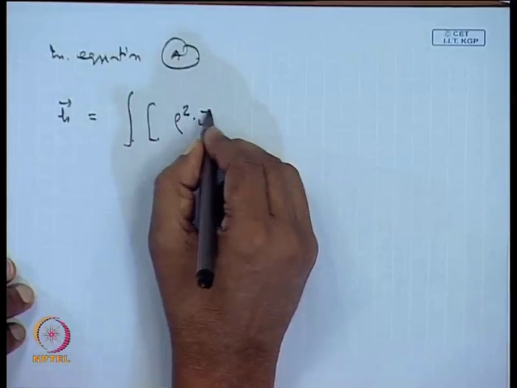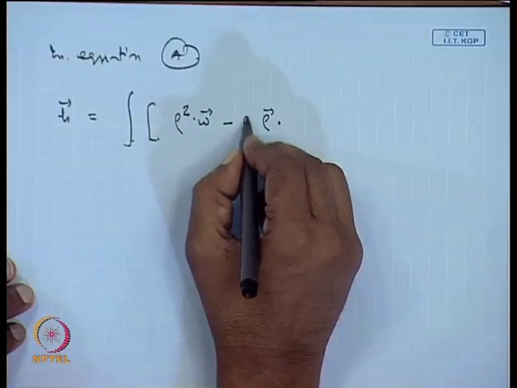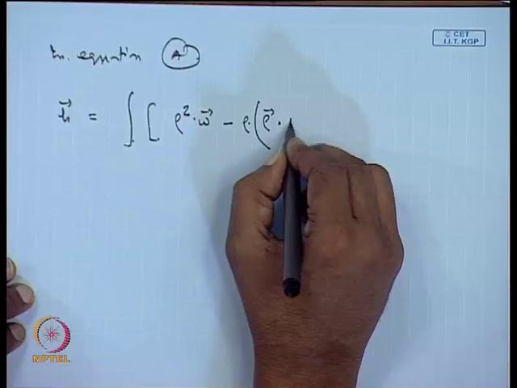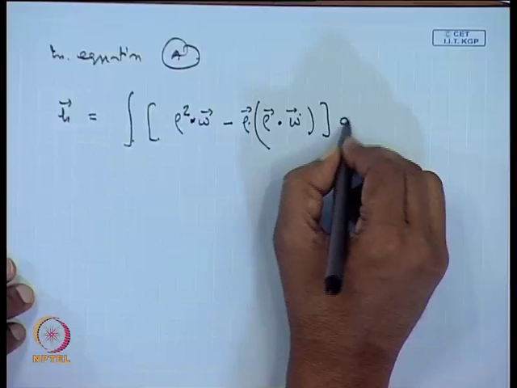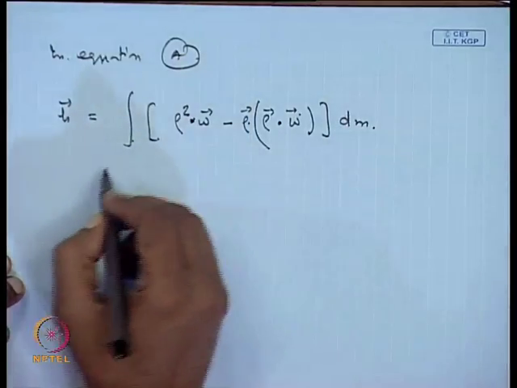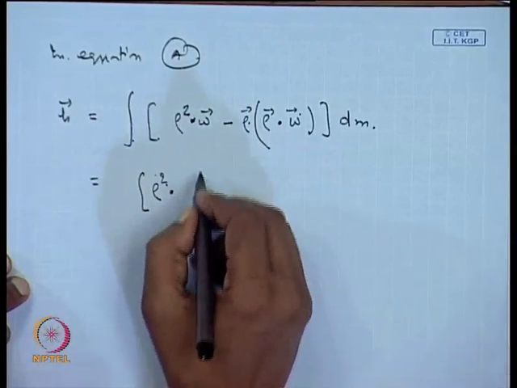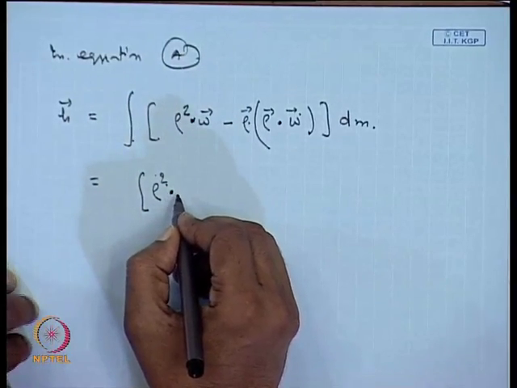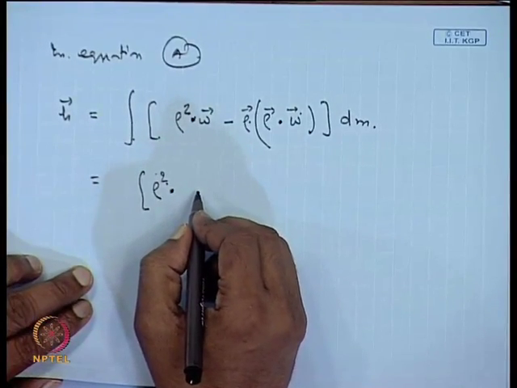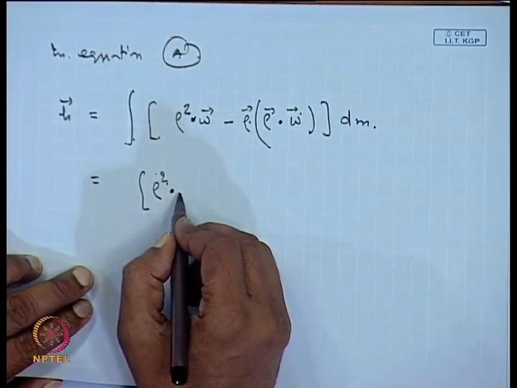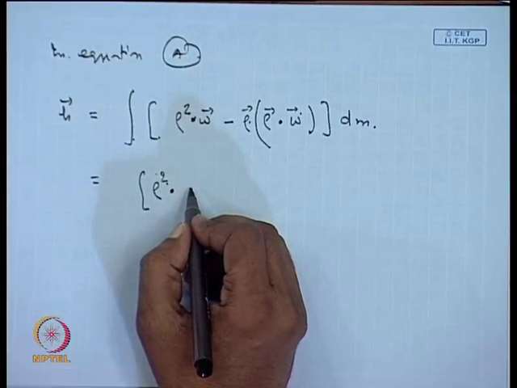rho square omega minus rho times, this is the dot product, omega dm. Now, the omega we can replace in terms of a dyadic.